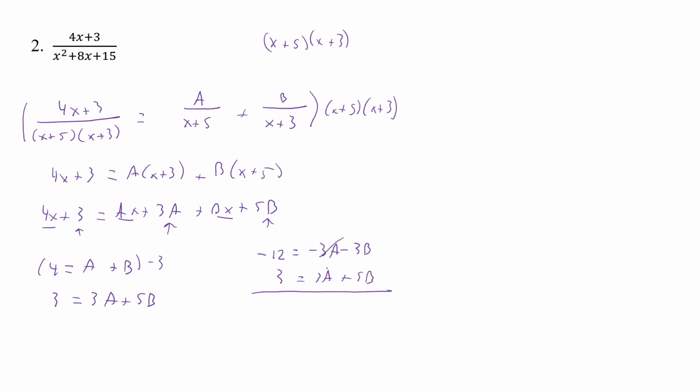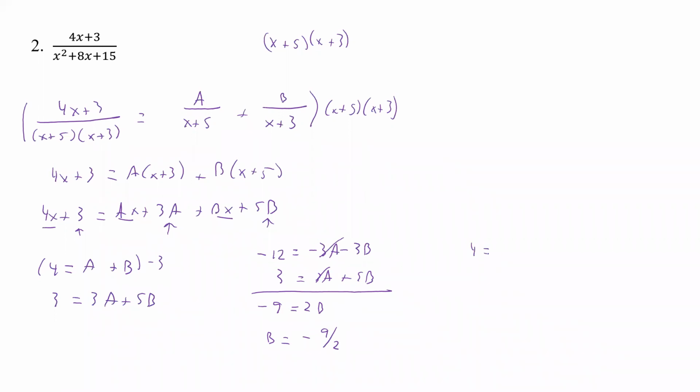So those cancel. Here negative 12 plus 3 is going to be negative 9. And 5 minus 3 is 2B. So B equals negative 9/2. All right. So not necessarily the nicest thing because we have fractions, but that's sometimes how it works. So now let's put it back in the first one.